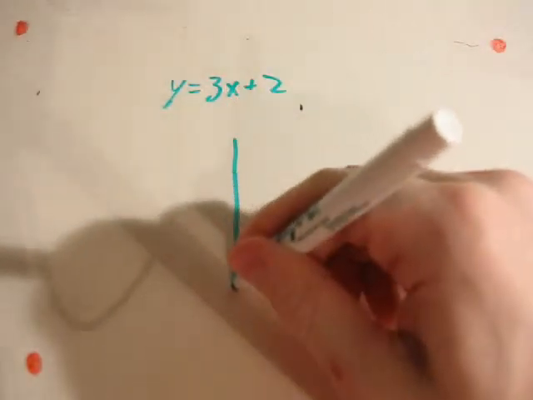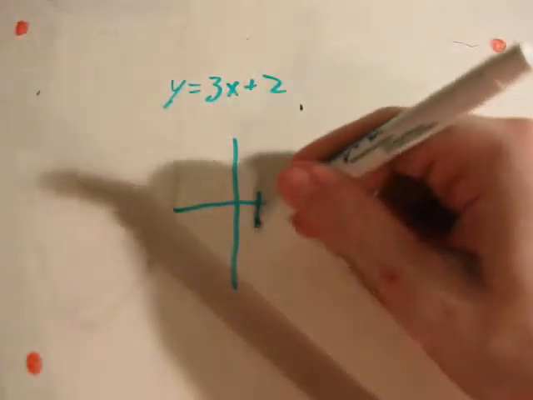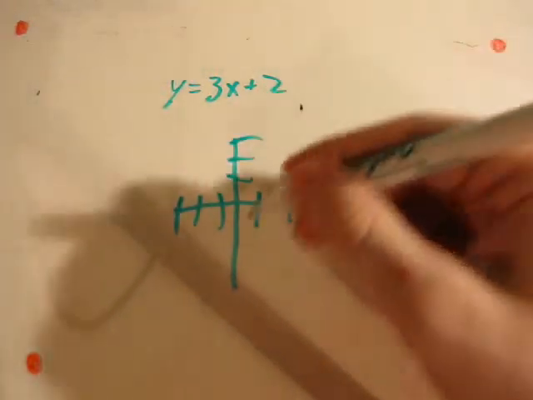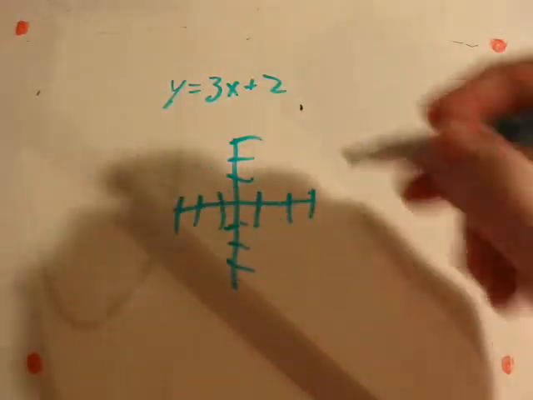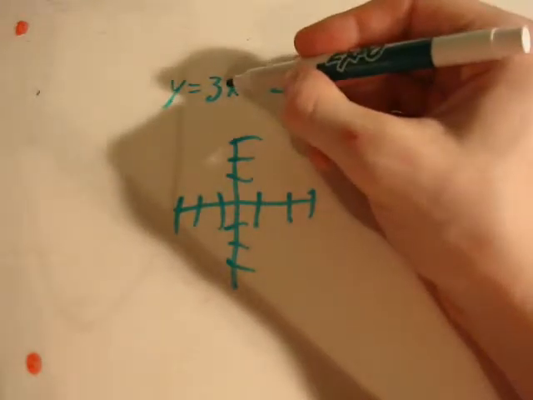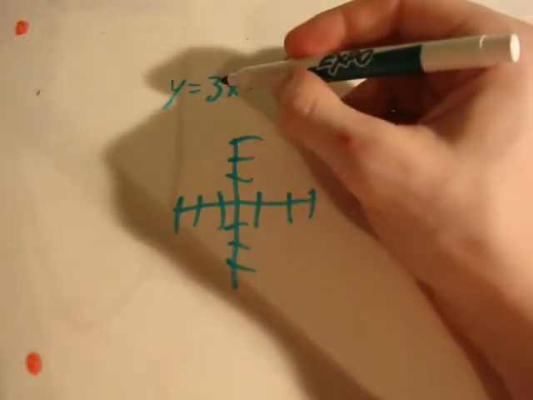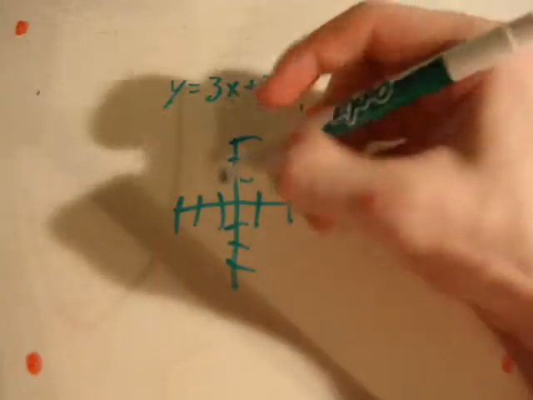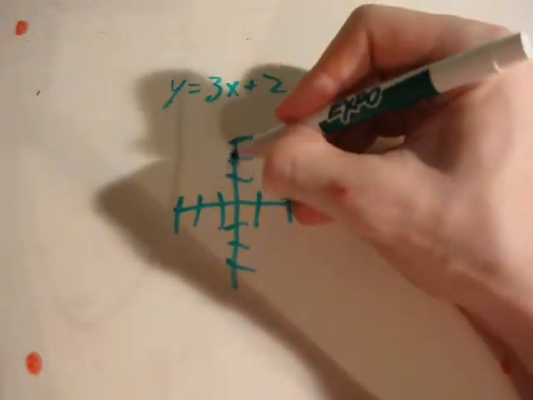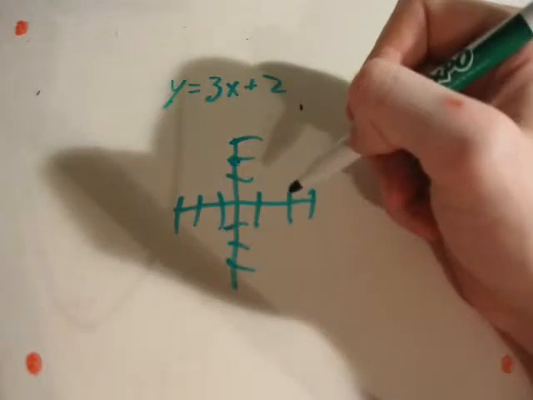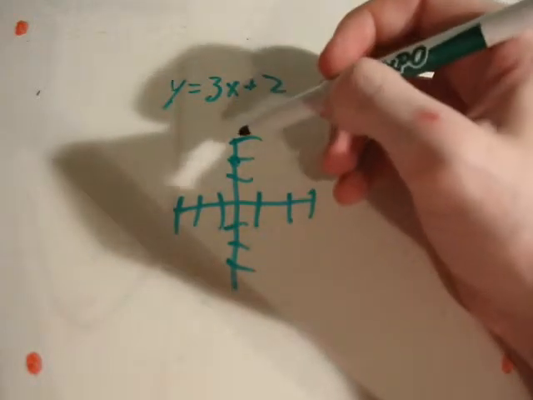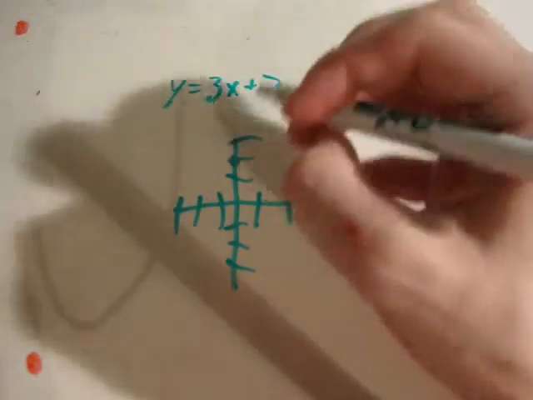So, in a quick drawing, this looks a little like this, where if we plug in a 0, it's 0 times 3, which is 0, plus 2. So x is 0, y is 2. X is negative 1, times 3 is negative 3, plus 2 is negative 1.